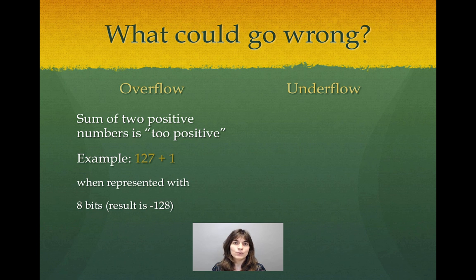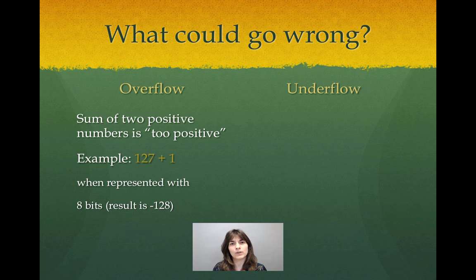Suppose that we want to represent numbers, both positive and negative, with 8 bits, and we are using 2's complement. What is the largest positive number we can represent with 8 bits in 2's complement? 128 is 2 to the power of 7.